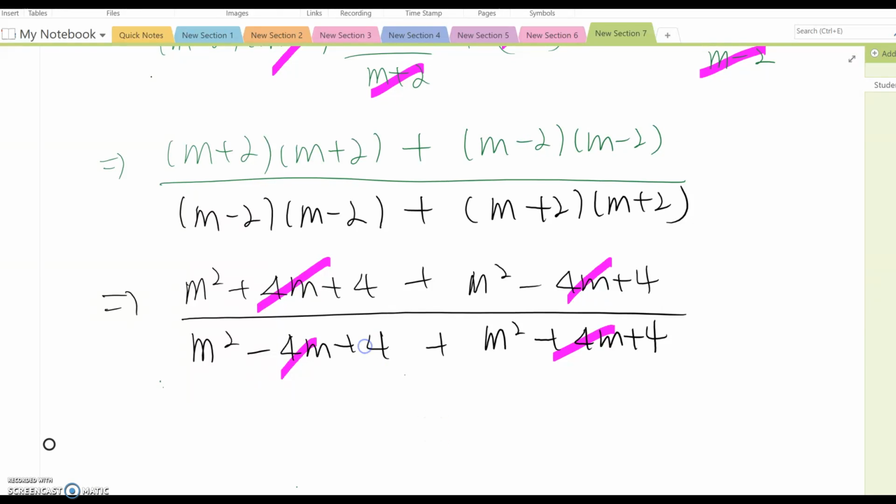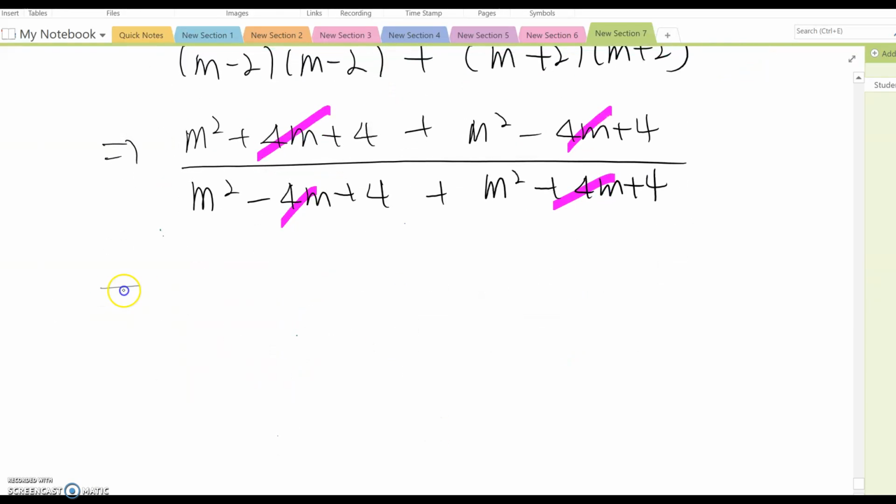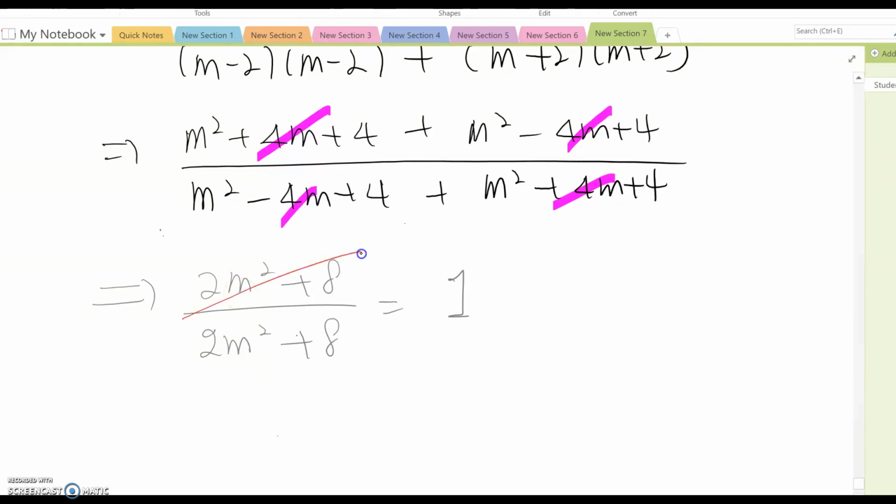So it becomes (2m squared plus 8) over (2m squared plus 8). Oh, so it becomes actually 1 because they are all the same fractions, so you can cancel them out. So it becomes 1. Okay, so let's look at another one.